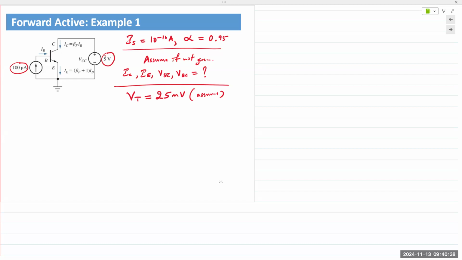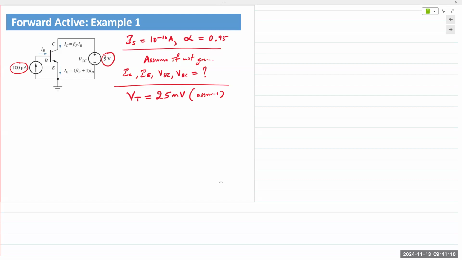It's either in active region or it could be in saturation. My default go-to is always to choose active. I typically assume that it's in the active region, then I perform my analysis and verify my values. More often than not, it turns out to be correct. If it's not, then you go back and make a different assumption. But right now the current is going into the base and out through the emitter, and so it's more likely than not forward biasing the base emitter junction.